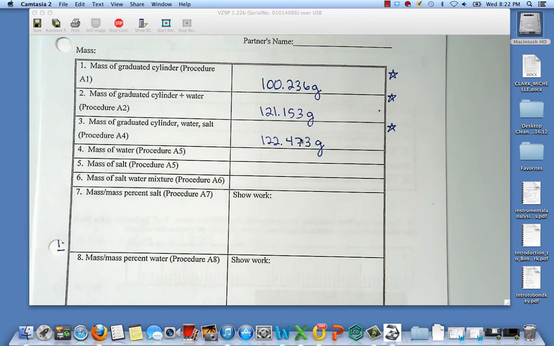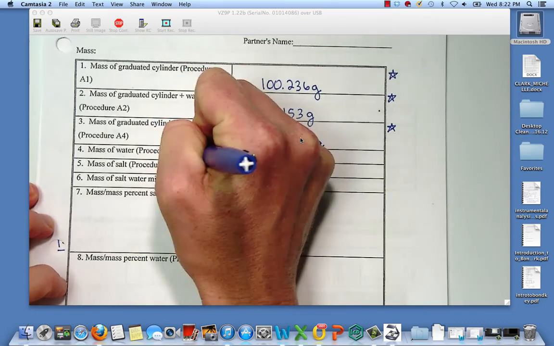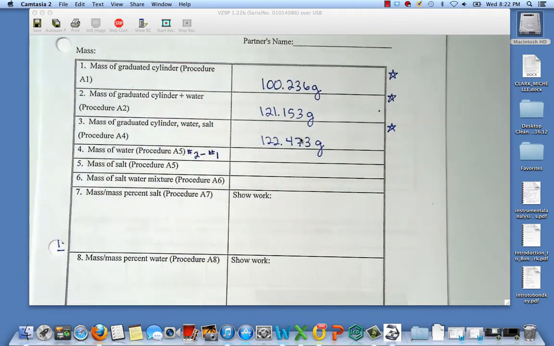So question 4 asks you for the mass of the water. How would I figure out the mass of the water? 2 minus 1. So if you take number 2, subtract number 1 from number 2.